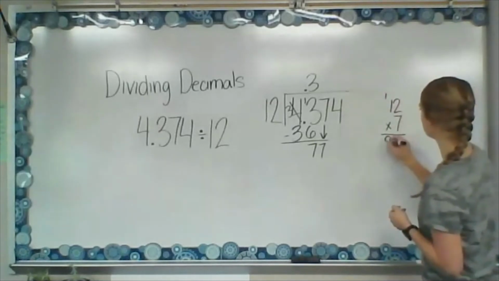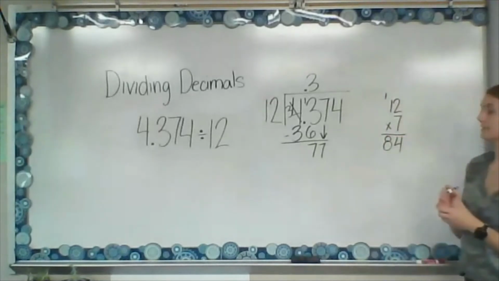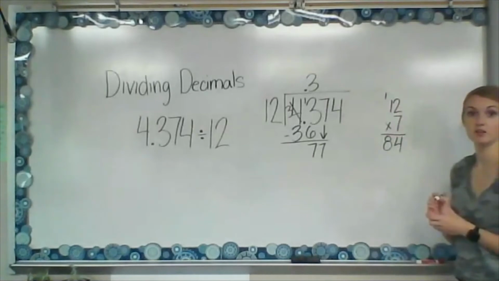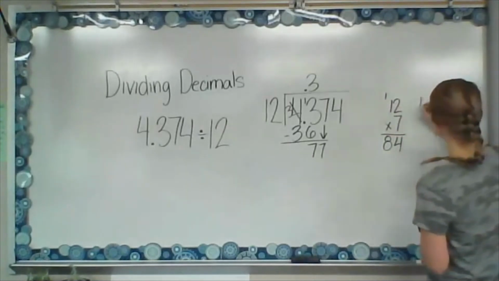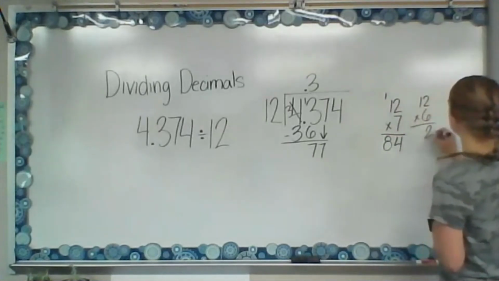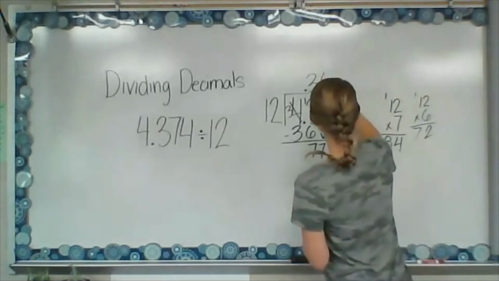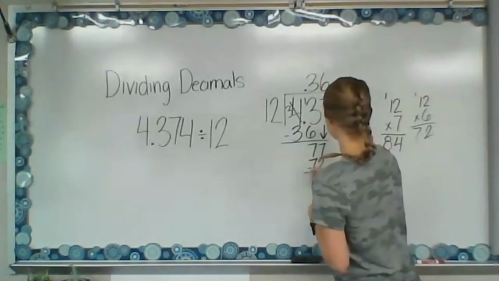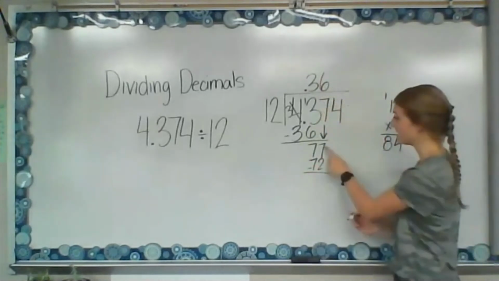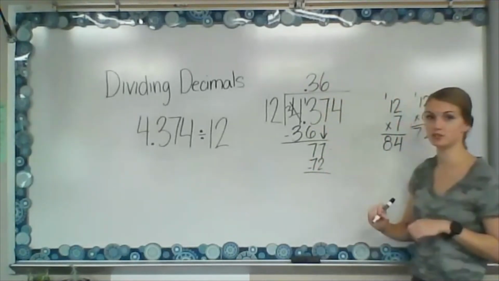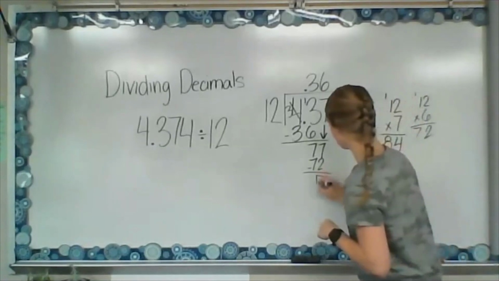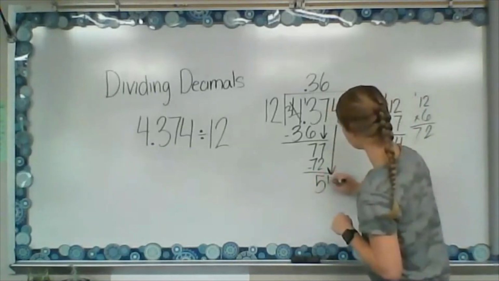Carry the 1. 84, that's going to be too big, right? So let's do 6. 72. That will work, okay? Now we can subtract. 7 minus 2 is 5. And I bring down my 4.